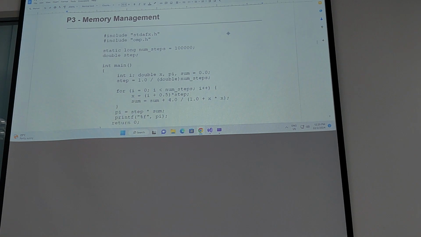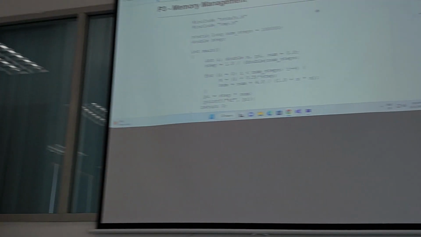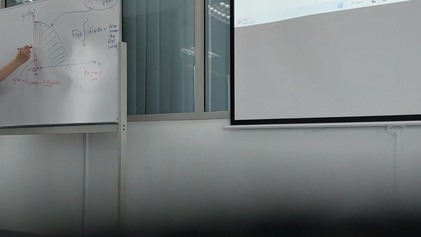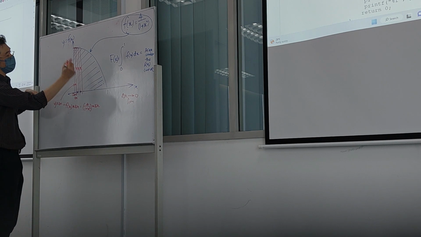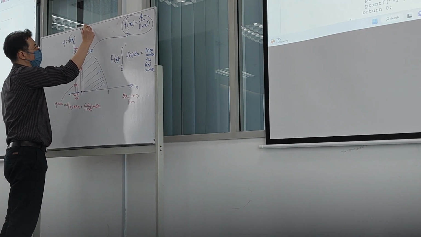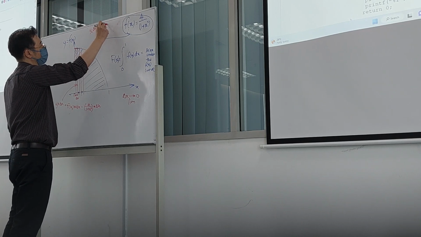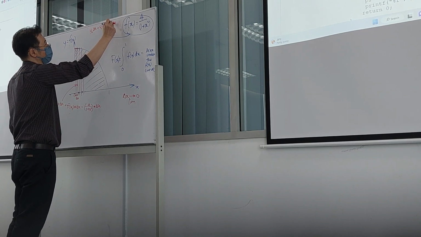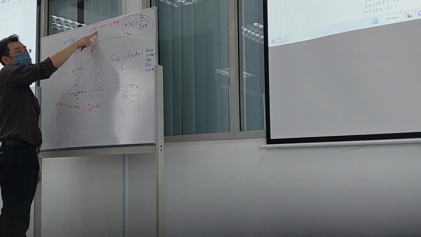So what it does is, you see here, you take y and then you multiply with it. Let's say this one is y0, this one is y1, y2, y3. So you take y0 multiplied by delta x plus y1 multiplied by delta x plus y2 multiplied by delta x, and so on and so forth. But you see the delta x is the same delta x, right?